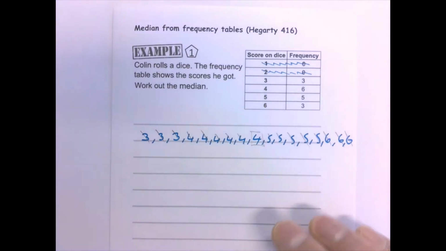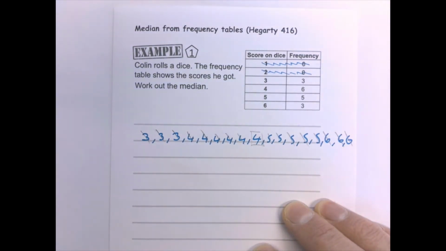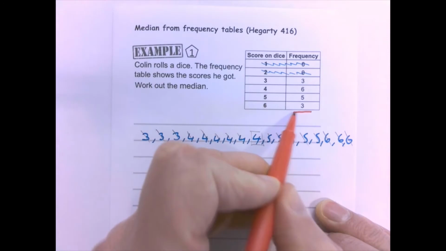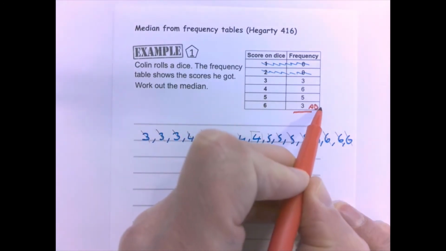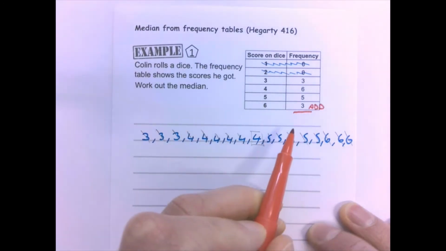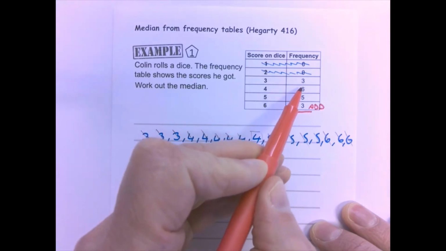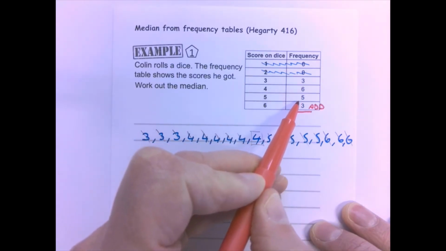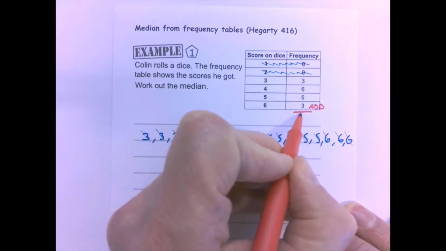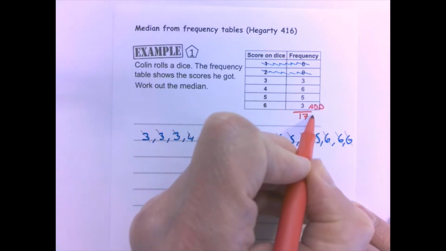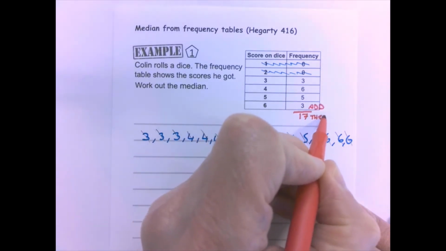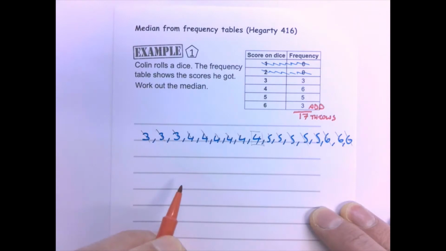Now there's a slightly quicker way of finding the median on a frequency table, in that if we add up the number of dice throws that we had, right? So 3 and 6 is 9, 14, 15, 17, okay? 17 throws, right?